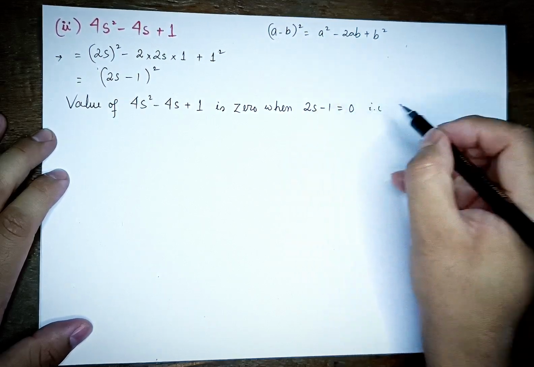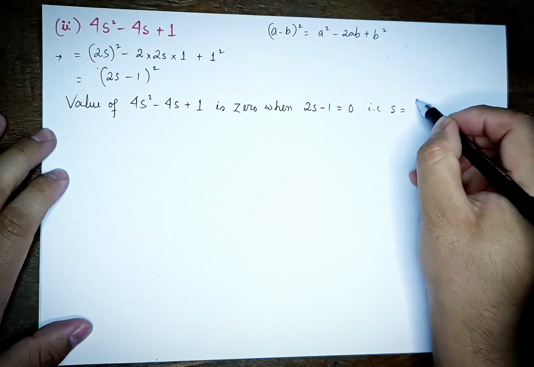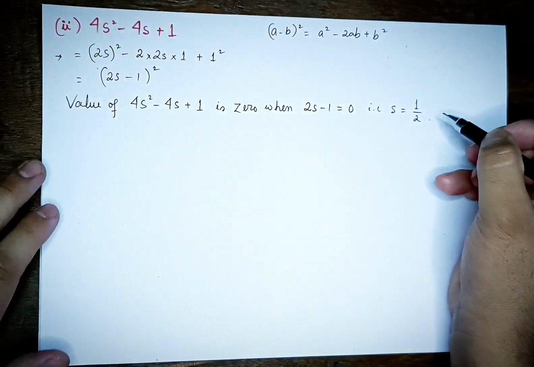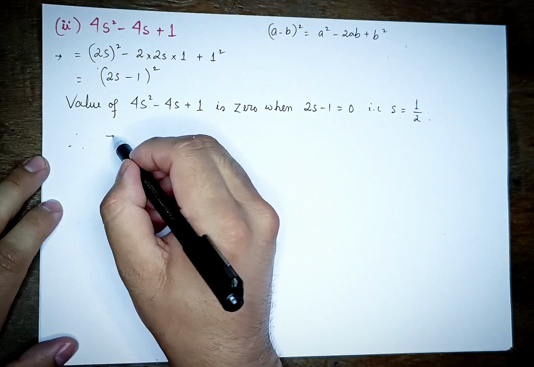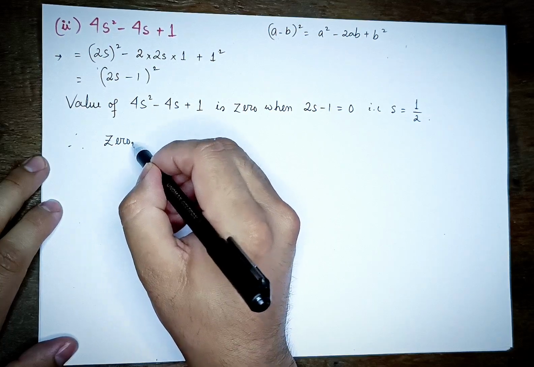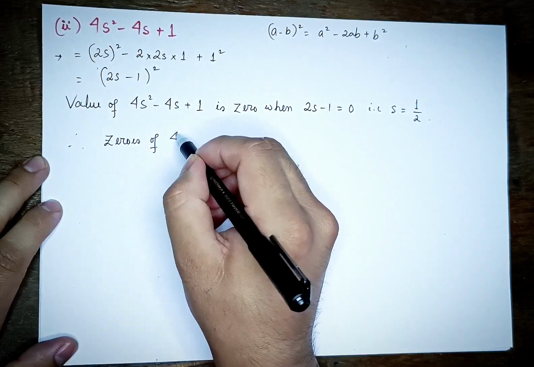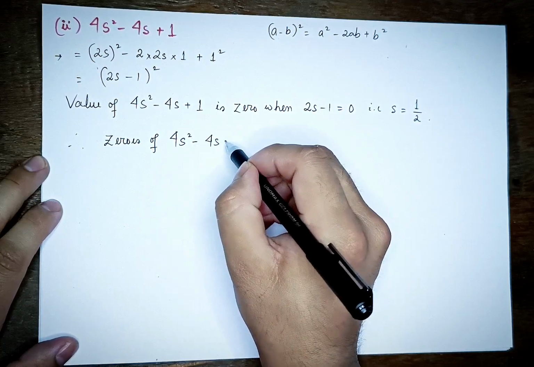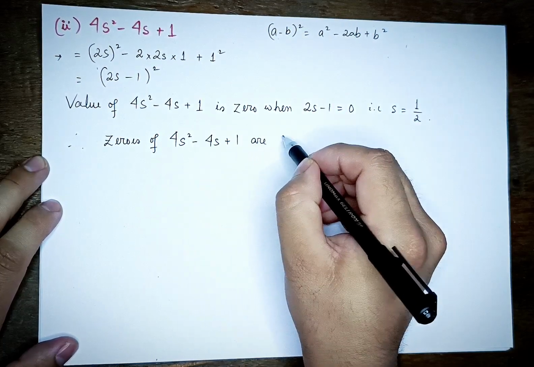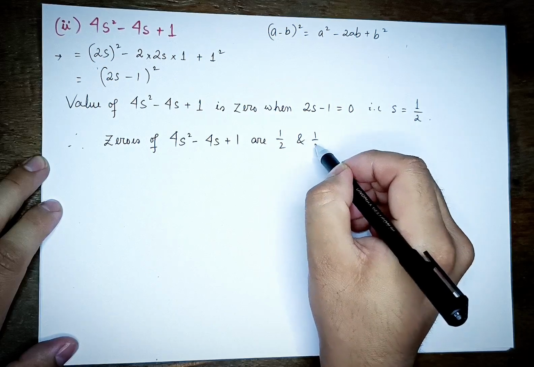That is, after transposing we get s is equal to 1 by 2. So we get equal zeros. Therefore, the zeros of 4s square minus 4s plus 1 are 1 by 2 and 1 by 2.